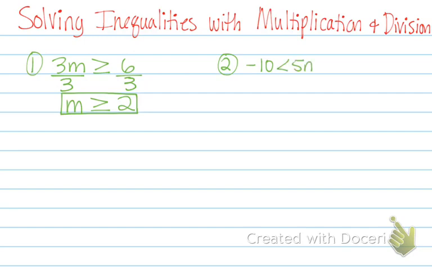On my variable n, I am still doing multiplication, so to undo that multiplication, we do the opposite and divide by 5. 5 divided by 5 is 1, and so that cancels out. But whatever I do to one side, I have to do to the other, so I'm also going to divide that negative 10 by 5 to get a negative 2. Remember, a negative divided by a positive is going to be a negative.